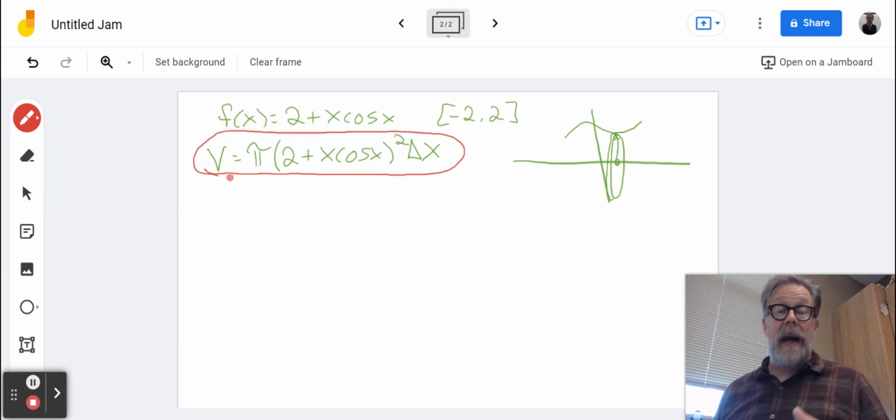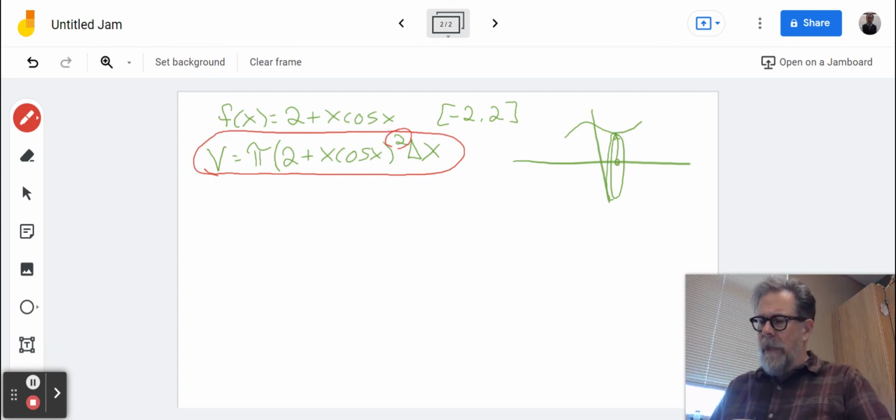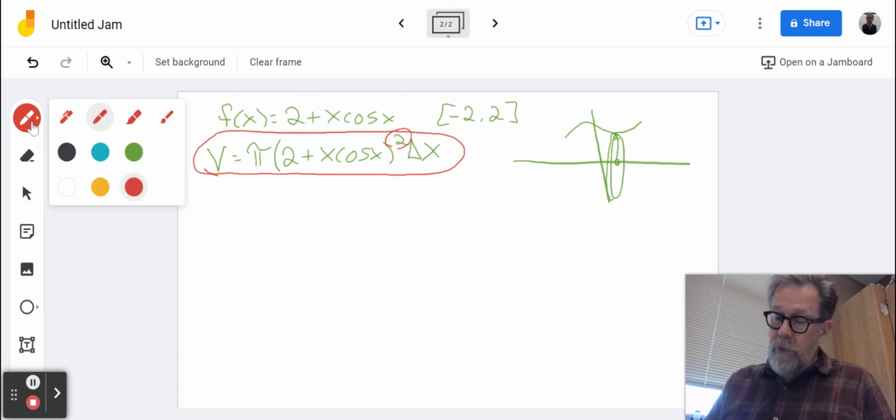The big mistake I see is people are so used to calculating area, which is just integrating f of x, that they forget that we're dealing with volume here, and they leave off the squared. And they remember, oh, there was a pi in there, so then you get pi f of x dx, which of course is not in fact the volume. It's just the area multiplied by pi, which doesn't help us at all.